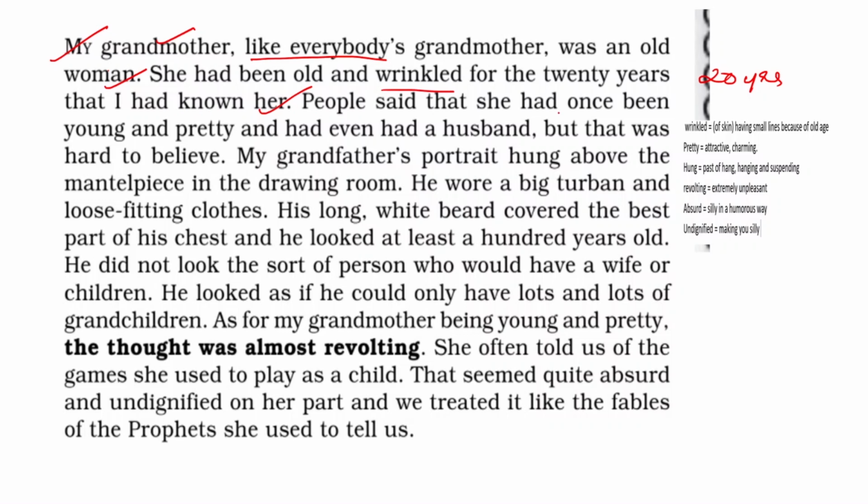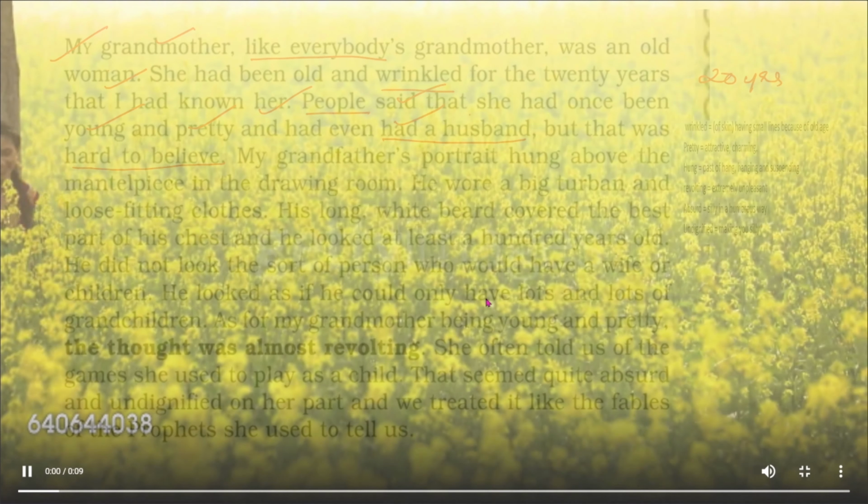People said that she had once been young and pretty and had even had a husband. But that was hard to believe. People here means Khushwant Singh's parents and other elders of the family. They said that she had once been young and pretty, and even had a husband.